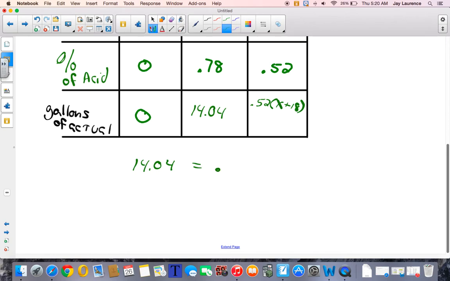It's going to equal this 0.52 times x plus 18. And so we're going to distribute. Now let's see, 52% of 18, it's 9 something, but I don't know exactly what it is. It's 9.36.